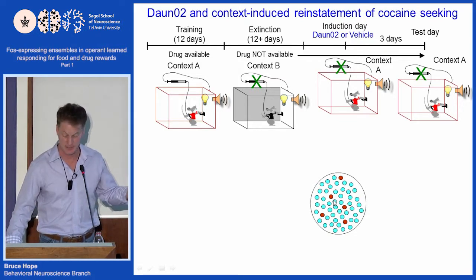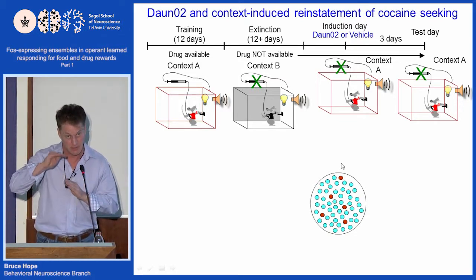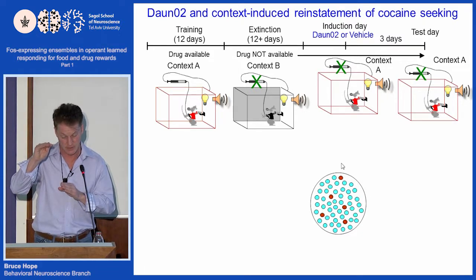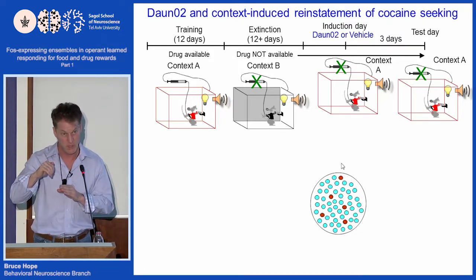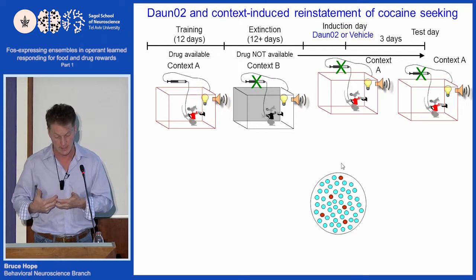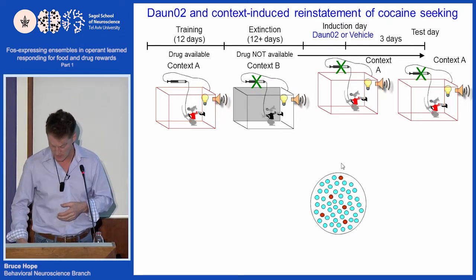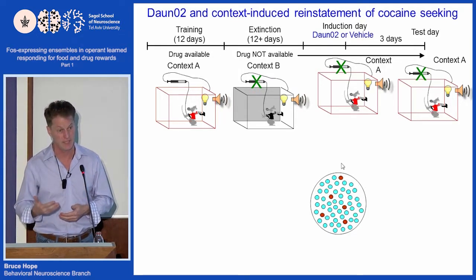And then 90 minutes later, when there's maximal levels of that beta-galactosidase, we inject Daun02 or we inject a vehicle control, in this case into the nucleus accumbens shell. And then we wait 3 days for killing off those neurons.